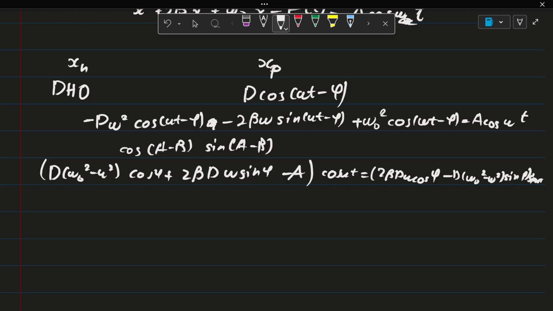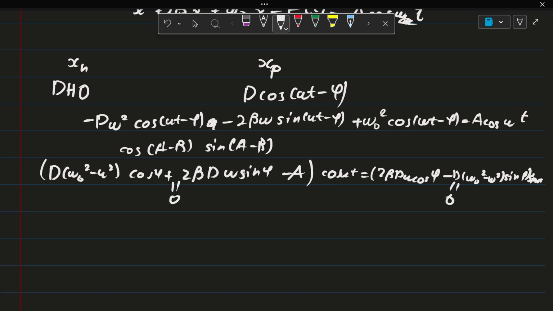And now notice something. Left hand side is cosine omega t, right hand side is sine omega t. And these two functions will never match unless the amplitude is 0. So therefore, you could conclude that this equation must equal 0 and this equation must equal 0.